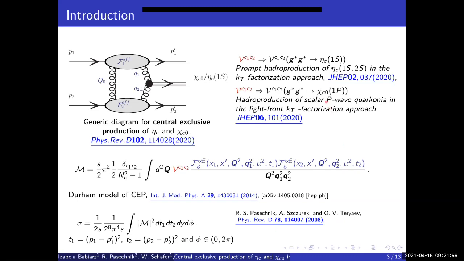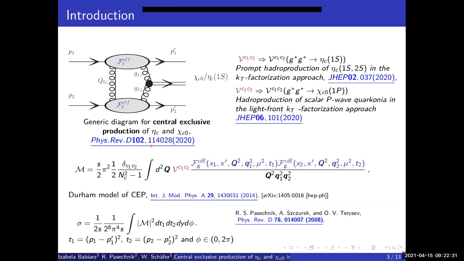For exclusive production, we published a paper in 2020 for eta C 1S, and also for chi Cs we showed results in another paper. This talk is basically based on the paper which is right now in Physical Review D.